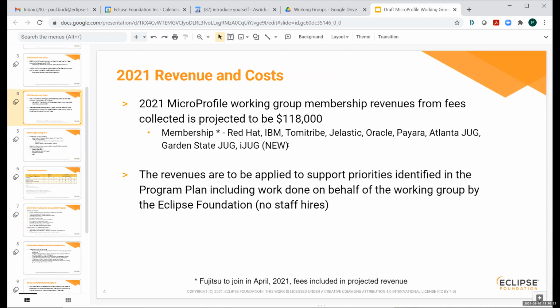Sharon, do you have the information? I can do it. They are a long-standing member of the Eclipse Foundation, a very well-known and respected JUG from Germany. They have been working together with us on many initiatives, and for the longest time wanted to join both Jakarta and MicroProfile.